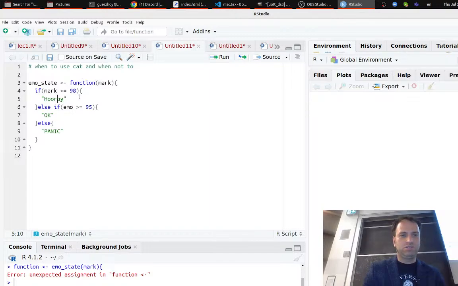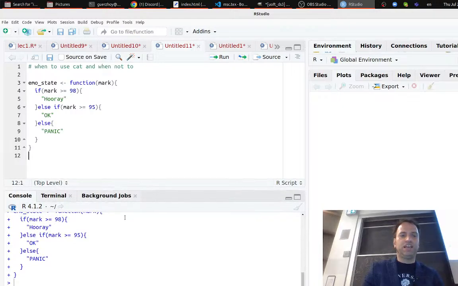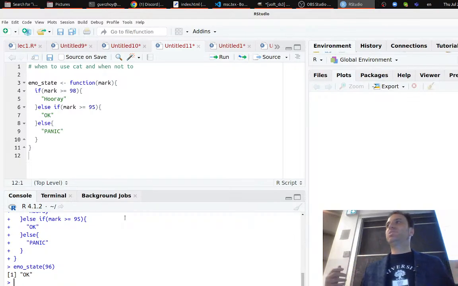Okay. So this is a function the same way that square is a function. Again, I can just say something like emo state of 96, and the value of that is okay, right? In the same way that the value of square of 5 is 25.